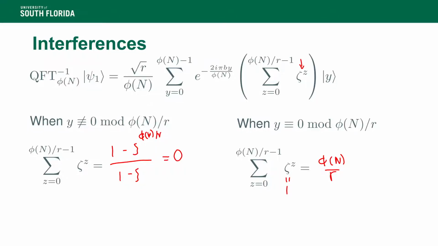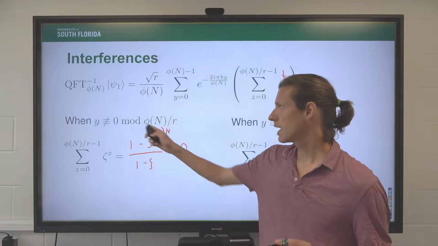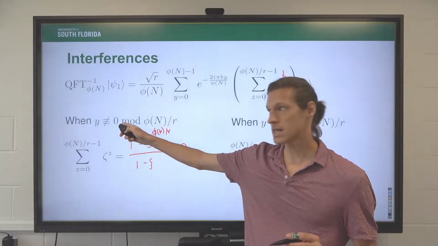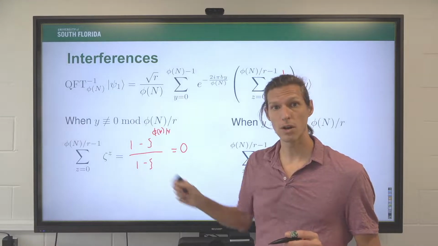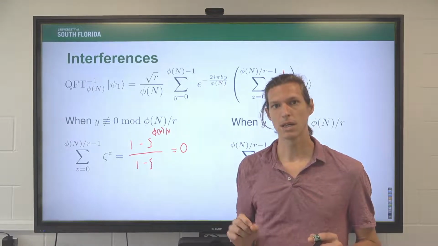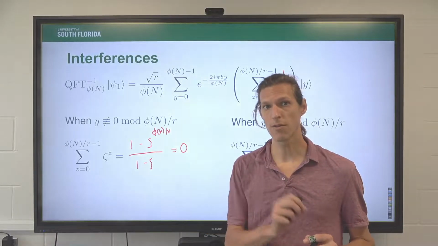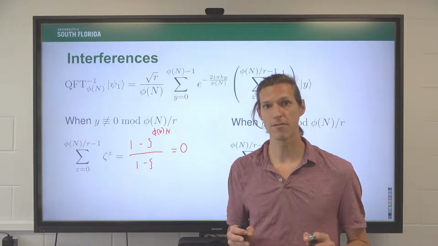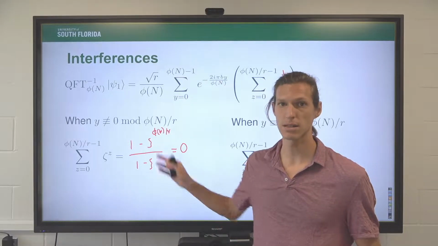So we have very different amplitudes here. You see that the probability of measuring a y that is not 0 mod phi of n over r is going to be exactly 0. And that's one of the main differences with what we're going to see in what follows, when we don't have phi of n and we'll have to deal with approximate values, in which case we're not going to have exactly 0 here.